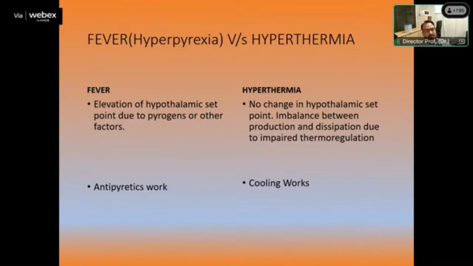And there is another term, hyperpyrexia. In the pre-antibiotic era, the first antibiotic came 150, 200 years back. Before that, there were no antibiotics. So the only mechanism by which the body coped with infection was raising temperature.